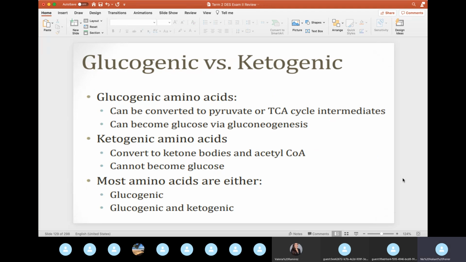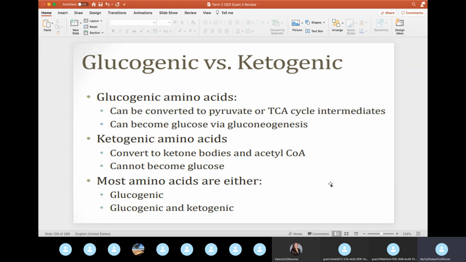So there's a concept called glucogenic and ketogenic amino acids. Ketogenic amino acids, there's only 2. What are those? Leucine, lysine. Yes, that's it. Everything else is glucogenic. What does it mean? Ketogenic amino acids can be converted to ketone bodies and acetyl-CoA.